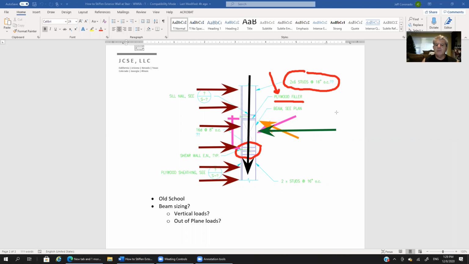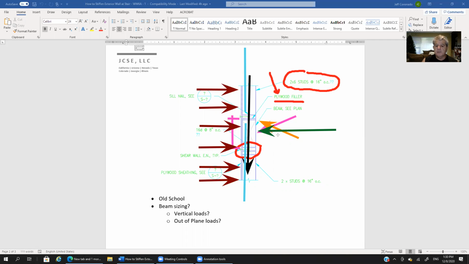The beam has to resist the reaction from the stud above, which acts as a simply supported beam, supported by the beam here, and the stud below, which is also acting like a simply supported beam, again supported by this beam. So this beam absorbs the reaction from the stud above and the stud below.